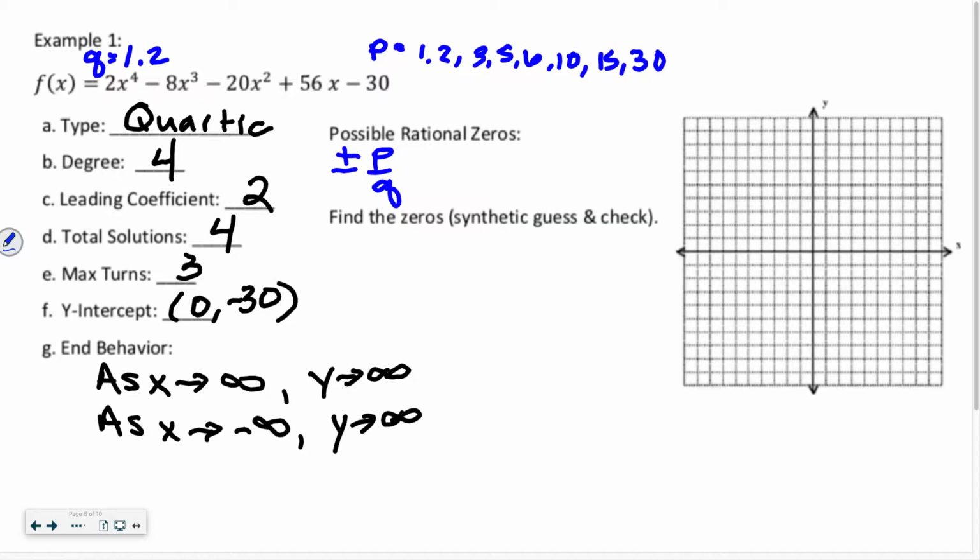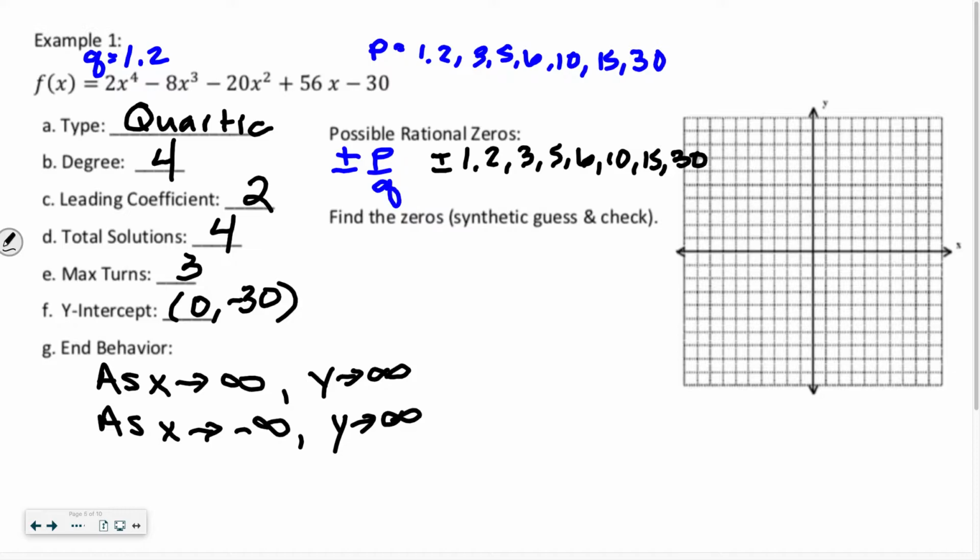So if I take all those factors of 30 and put them over 1, they're just themselves. So for my list of possible rational zeros, I'm going to say plus or minus 1, 2, 3, 5, 6, 10, 15, 30. And then I'm going to go back and I'm going to put all those numbers over 2.